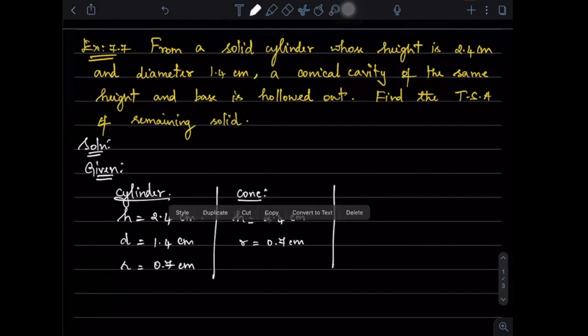But what am I supposed to know in the cone? No dimension is given, so slant height. How do I find the slant height? l square is equal to h square plus r square. So what will come?